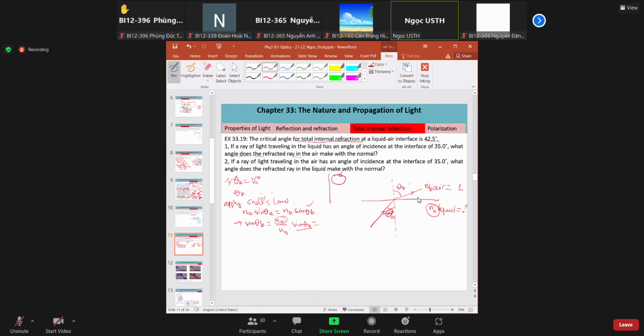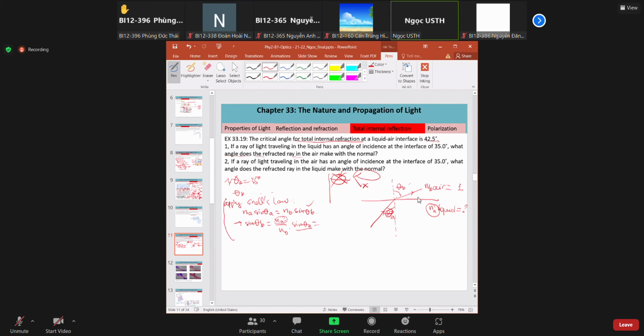If you have a problem with this step and replace it with a wrong idea, a wrong result, you lose all the points.